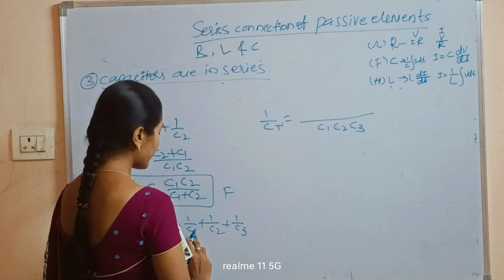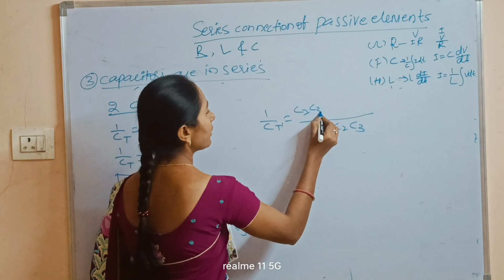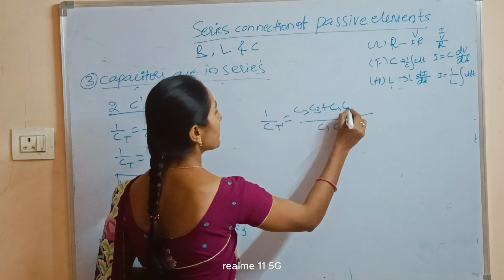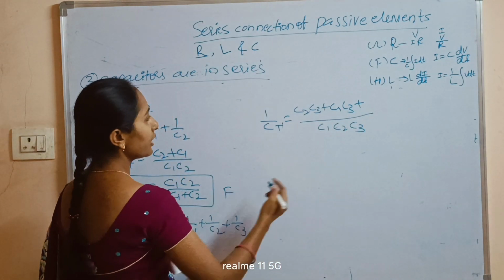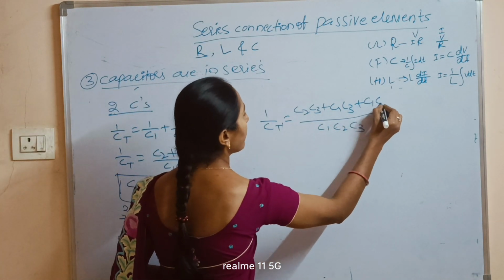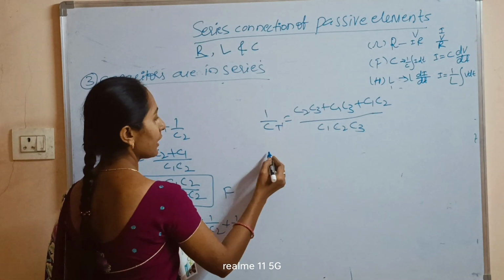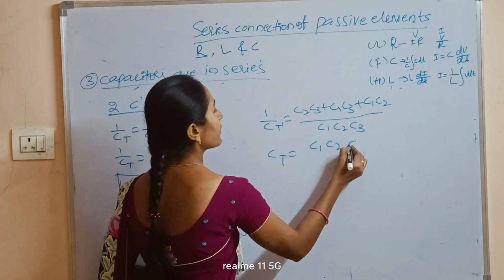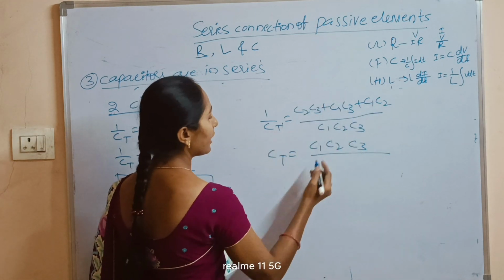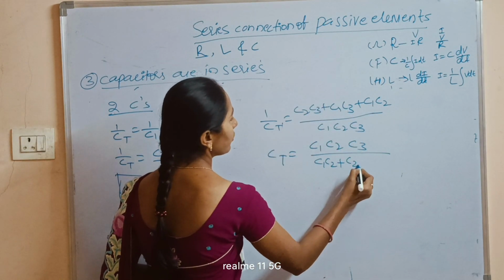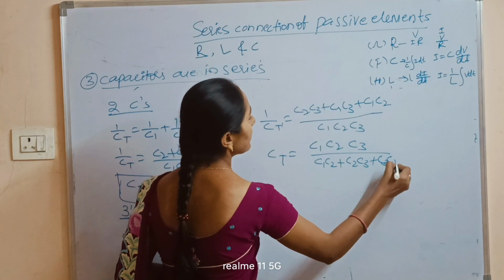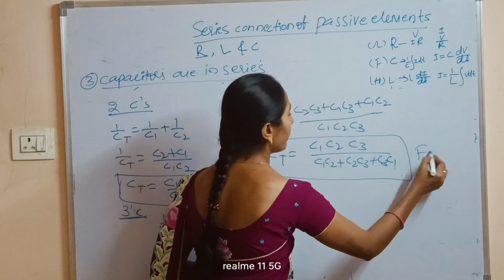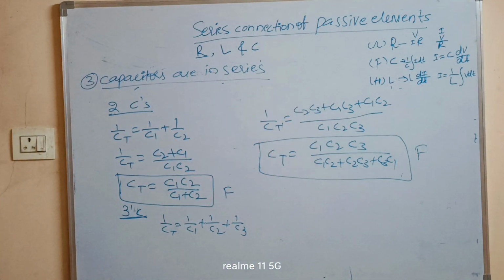Now coming to the numerator part: C1 is there, so consider C2, C3; plus on the second term C2 is there, so C1, C3; plus coming to the third term, C3 is available, so C1 into C2. Now consider C total, so this comes to the numerator. So C1 C2 C3 by, just write in order, C1 C2 plus C2 C3 plus C3 C1. Okay, this is the equivalent capacitance in farad when three capacitors are connected in series.